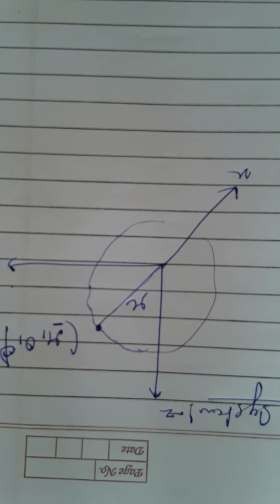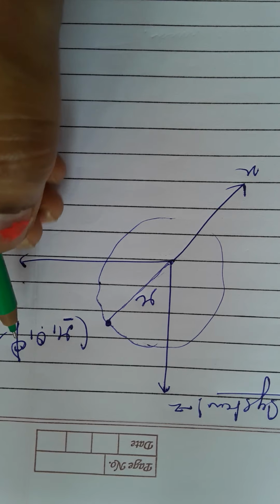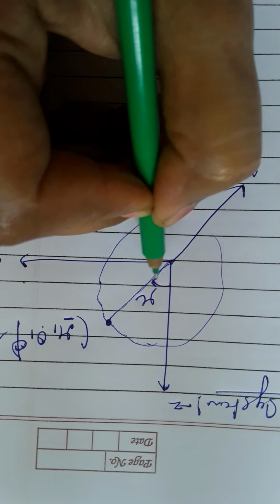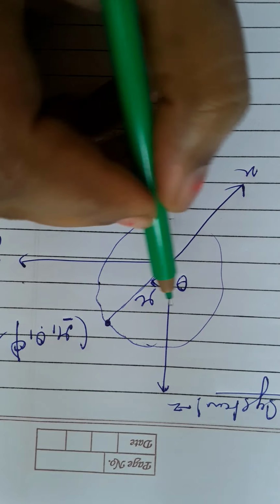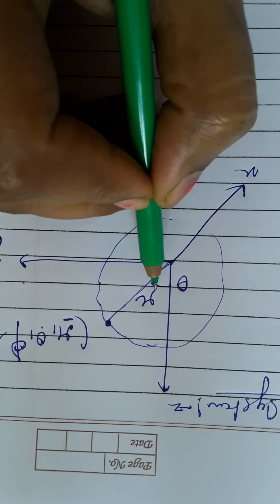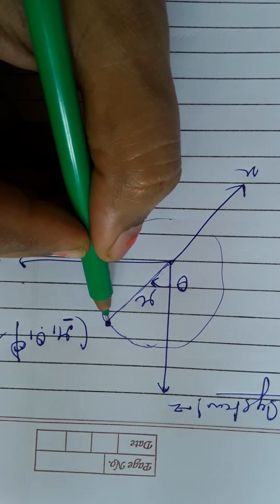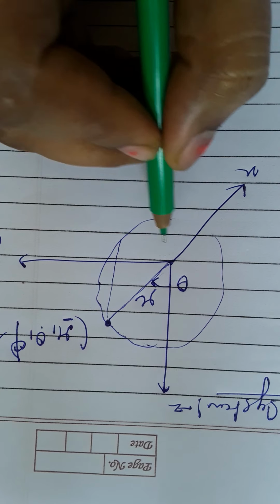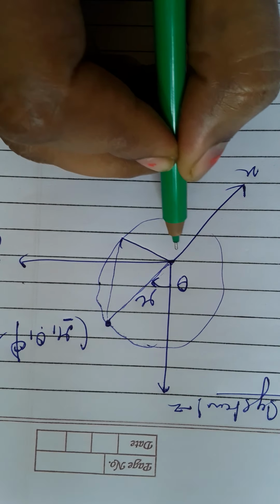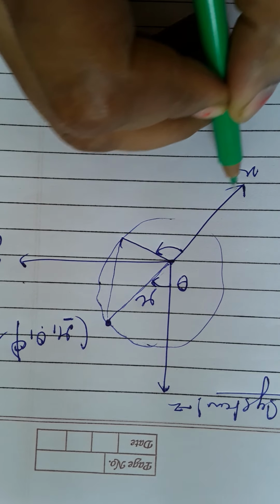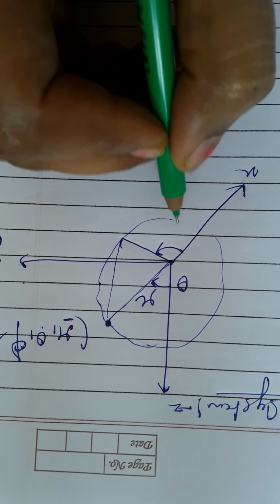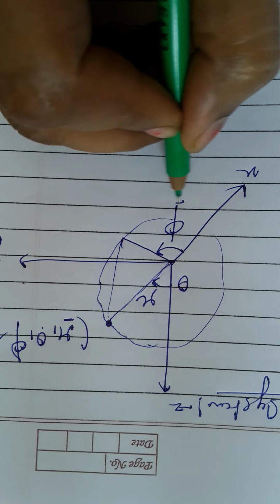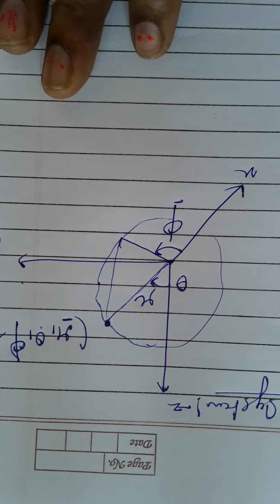And theta is the angle made with the z-axis. Okay, and in a similar way, take the projection in the xy plane. The angle made with the x-axis is your phi. Here it is phi, whereas in the last case it was theta.